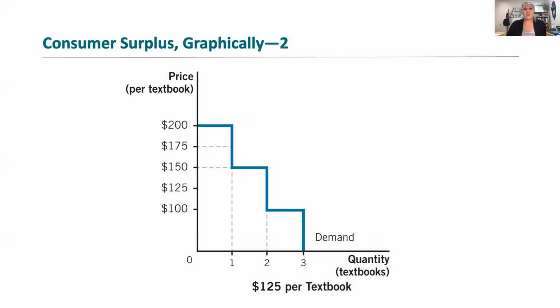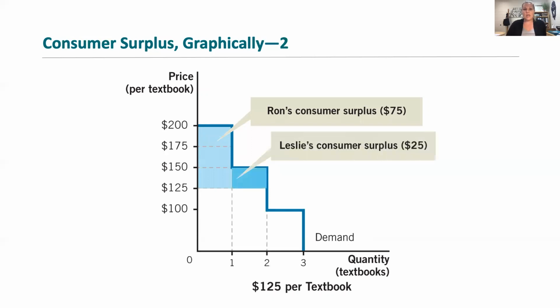Now let's consider the case where the price of a textbook is a little bit lower, $125. Now we will have 2 buyers. Ron will buy the textbook, and since he was willing to pay $200 but only paid $125, he has a consumer surplus valued at $75. It's the area of the shaded-in rectangle here. But now Leslie will also participate in this market.